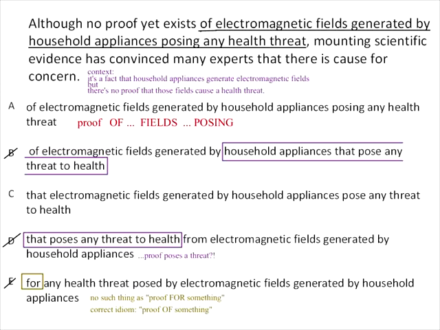This is the intended reference, and this is the intended object of. And that's not how it works. The actual object here is fields. So this is why this is incorrect.